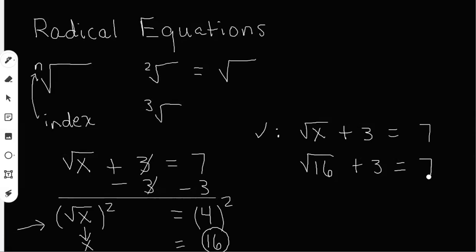So I'm only changing my x value. I know that the square root of 16 is 4. So I can bring down a 4, and I still have the plus 3 and the equals 7. And now the last thing I need to do is add 4 and 3 to get 7. So I get 7 equals 7. And that's a true statement.